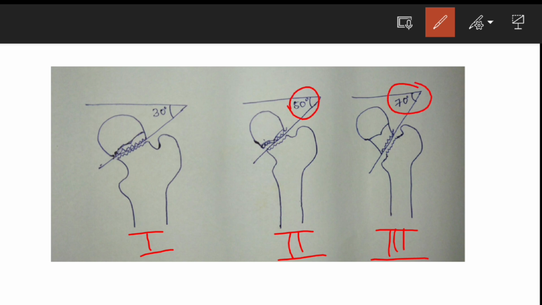Here it is 50 degree, and the last one is the 70 degree angle. So this will be the most unstable, and the prognosis will also be worse. So Pauwel's classification is based on the angle of inclination of the fracture in relation to the horizontal plane.